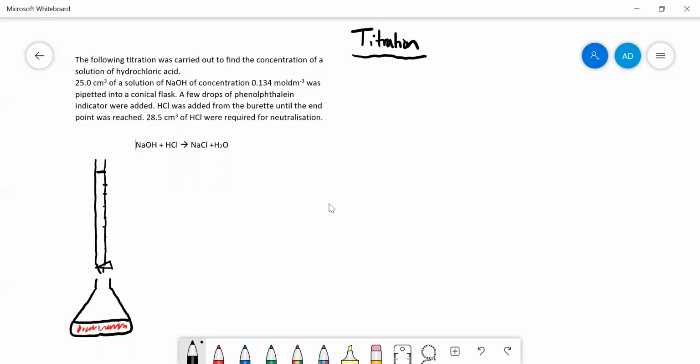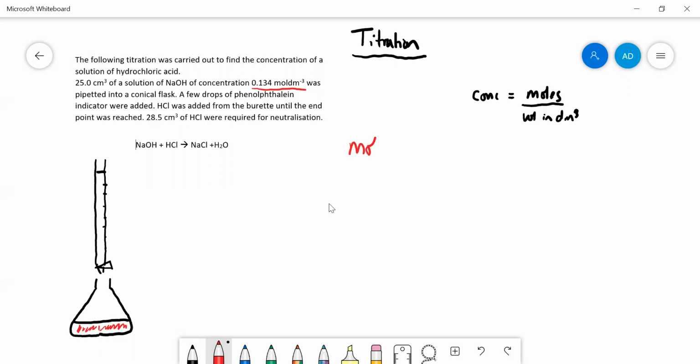Okay, so with titration, we're always going to need this equation: concentration is equal to moles over volume in dm cubed. And just a little change from GCSE, you can see here the units of concentration.